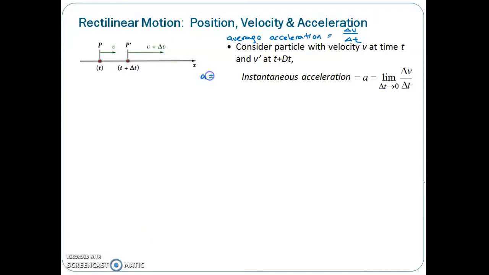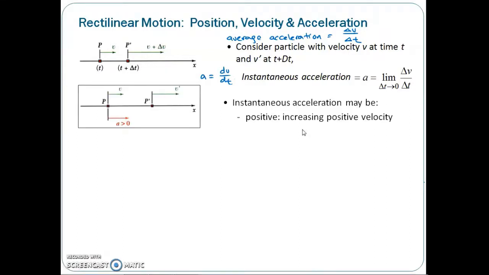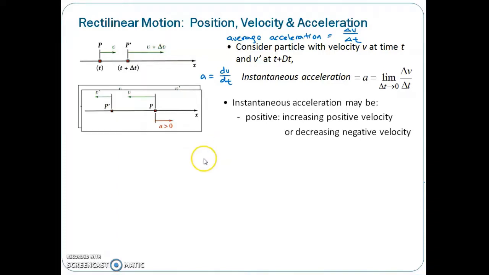A equals dv/dt, or is defined as the derivative of the velocity of the particle v with respect to time. The instantaneous acceleration may be positive when we have an increasing positive velocity as shown here, or decreasing negative velocities.